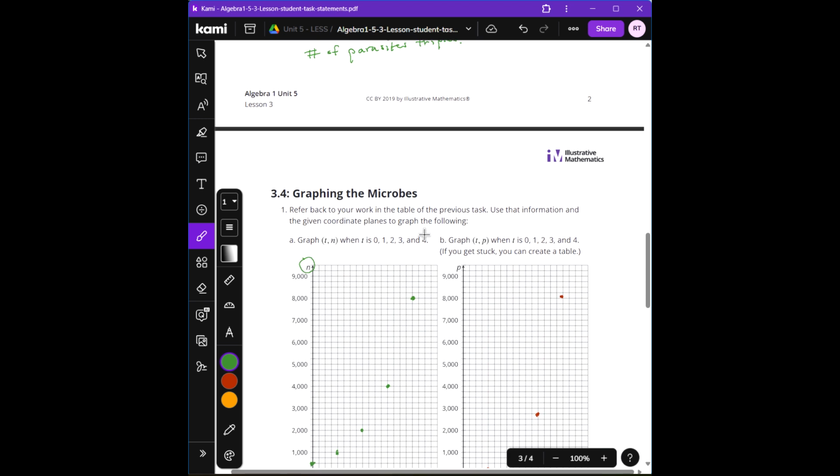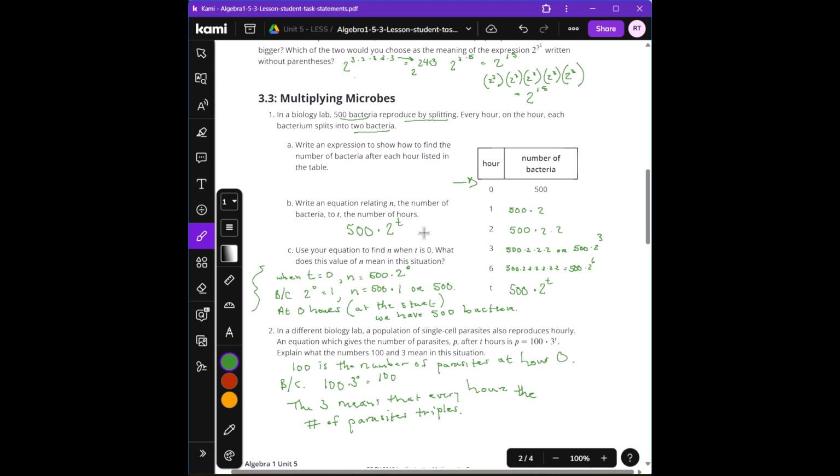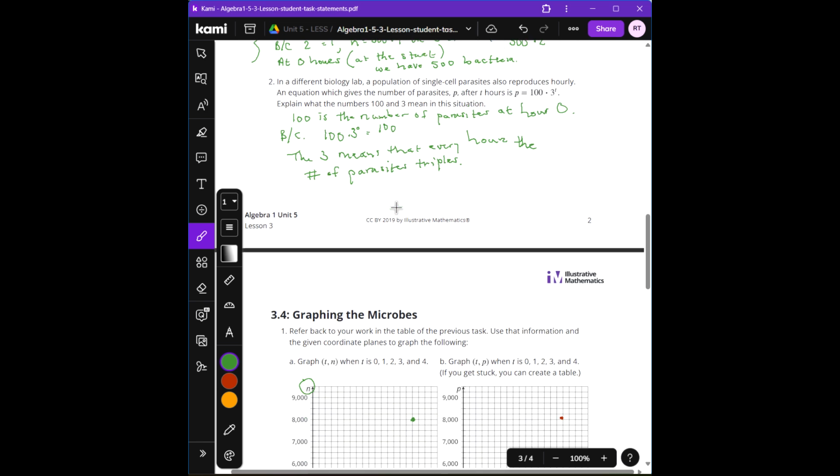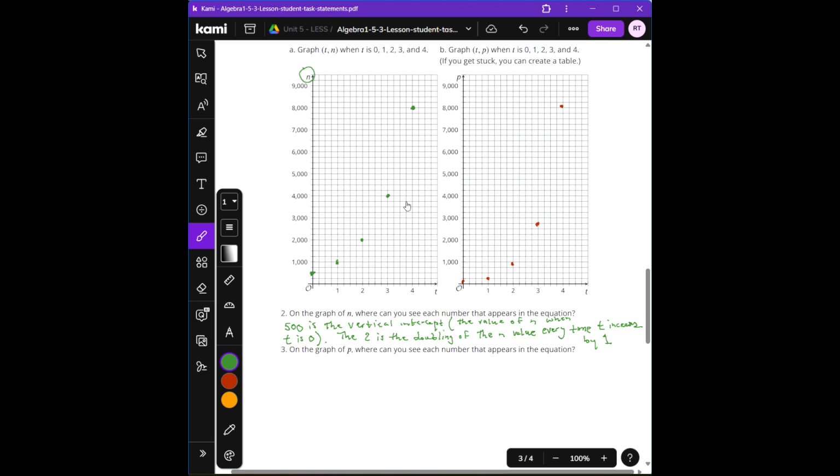Okay, so if we come up here and we look at our equation, we have 500 times 2 to the t, and that's what this is basically saying. This is 500 times 2 to the t.